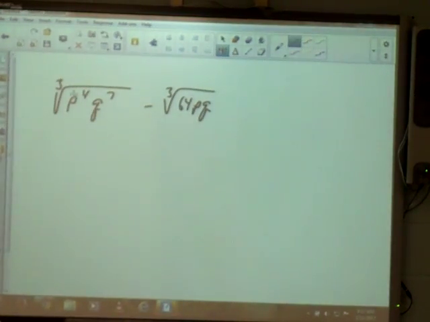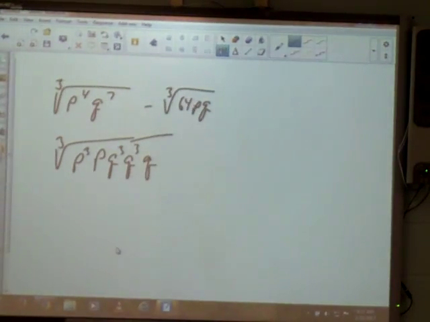All right, since this is a cube root, let's break these down into perfect cubes. That would be a p cubed, but it's got to be 4, so there had to be another p. On the q, if I did a q cubed, another q cubed, there's 3, 6. I need 7, so I have to have another q there. Now remember, a cube root and a cube cancel out.